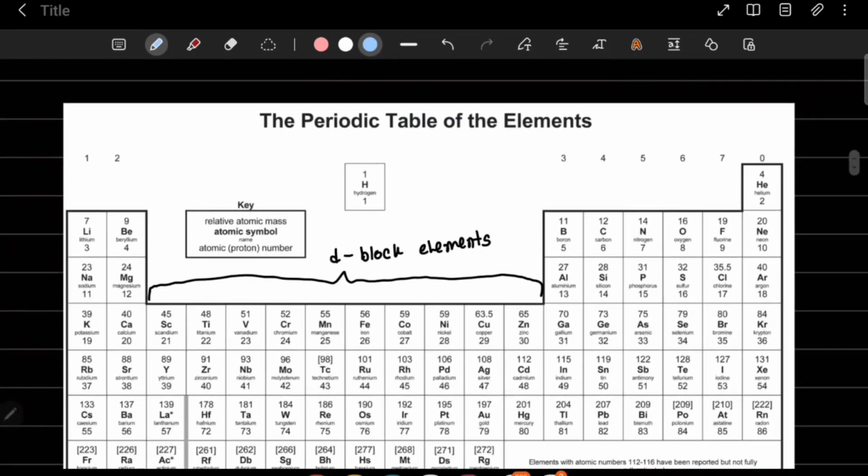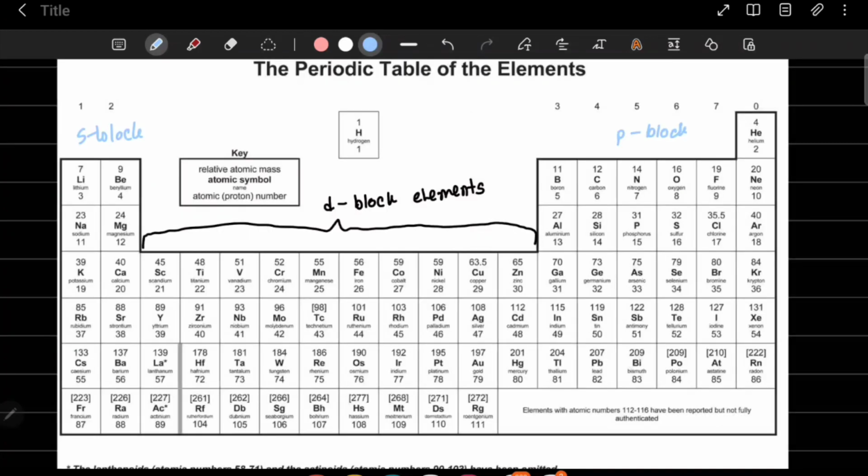So if I look here, these are the S block elements, these are the P block elements, and in between we have the D block elements. For a P block element like boron, its electronic configuration is 1s2, 2s2, 2p1. So the last electron goes to fill the p subshell. So that's why it's a p block element.